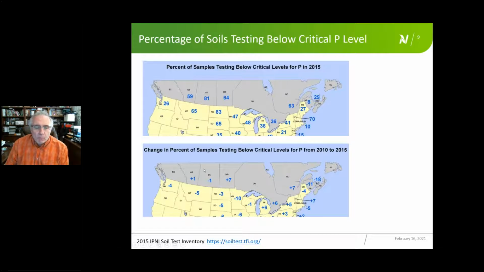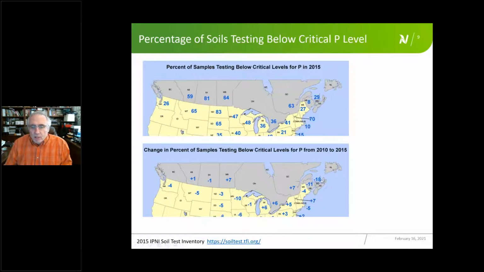In the bottom map, what we're looking at is the change in that percentage. So in Alberta, for example, we have an increase of 1% from 2010 to 2015 of the samples that are below the critical level. What that's suggesting is that the samples are declining slightly in phosphorus.